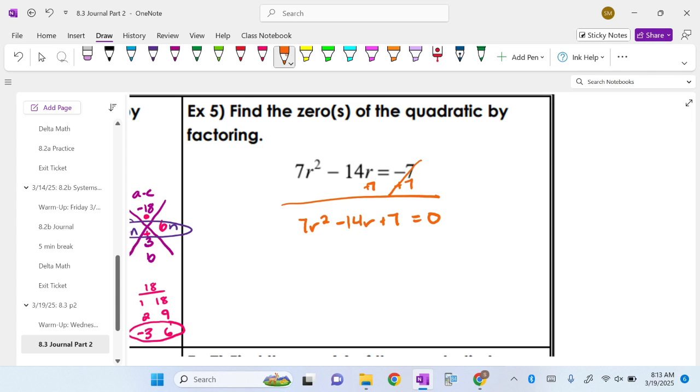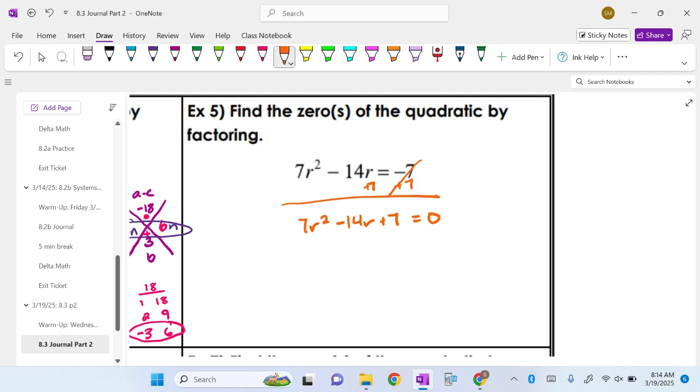Does that have the same variable, same exponent? No. What about the negative 14r and the 7? Are they like terms? No. So since none of them are like terms, I just add on the 7 at the end.